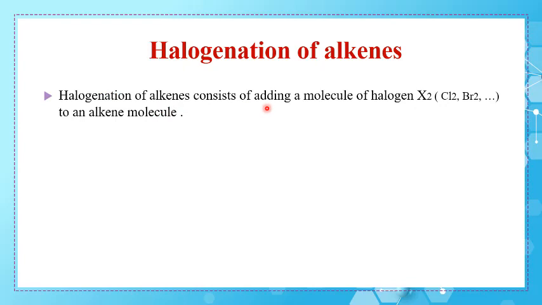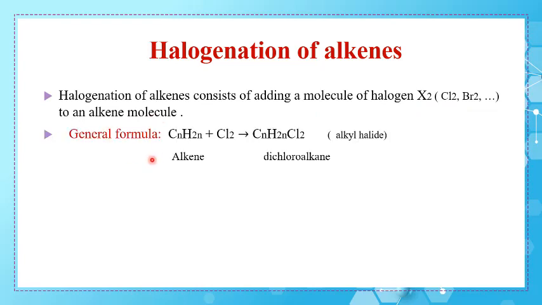Halogenation of alkenes consists of adding a molecule of halogen X2, Cl2, Br2, to an alkene molecule. If we take the general formula, we have CnH2n plus Cl2. We must add all the Cl2 on the alkene and we obtain one product. For all the addition reactions, we obtain one product.